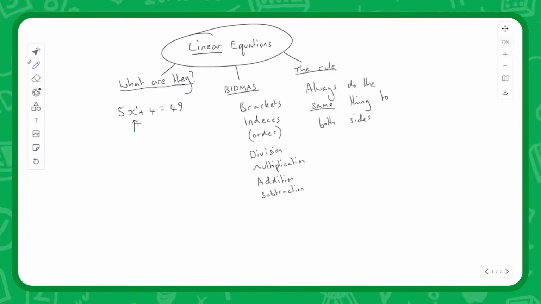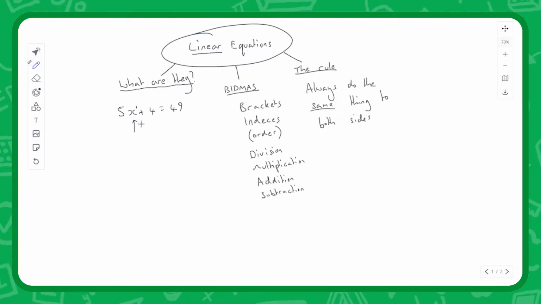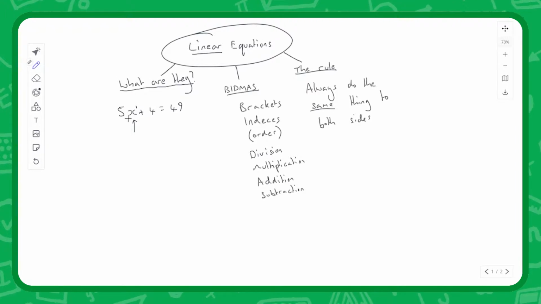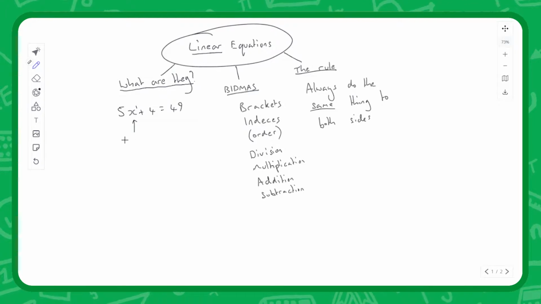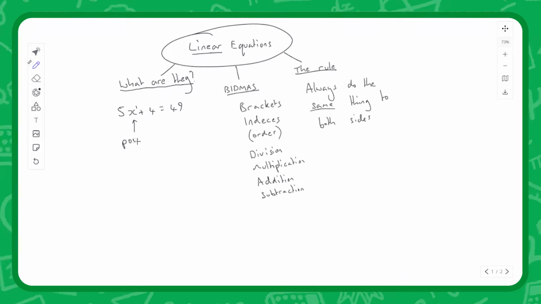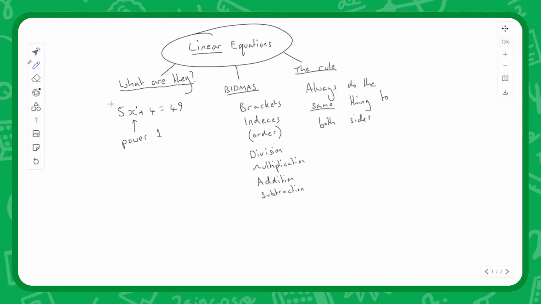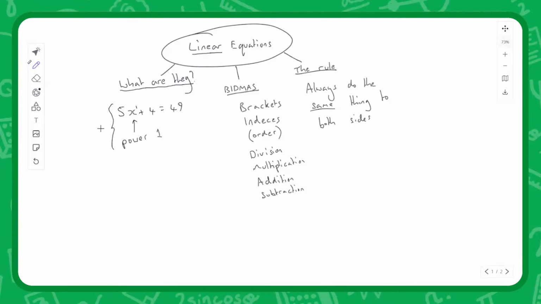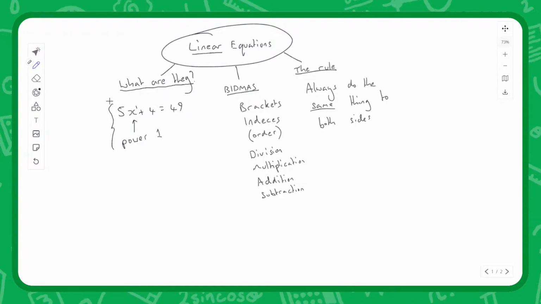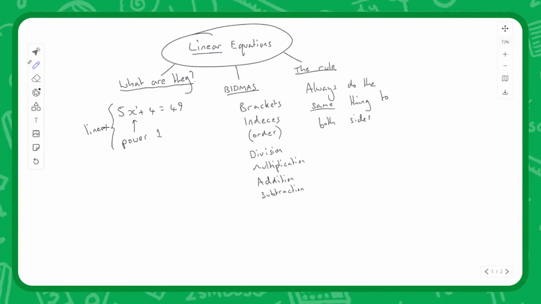Anything to the power of 1 is just itself, so we could add a power of 1 there. It doesn't change anything, but it allows us to think of this in terms of powers. So we would say this x has a power of 1, and because there are no x squareds or x cubes or anything higher than that, we would say this is a linear equation.